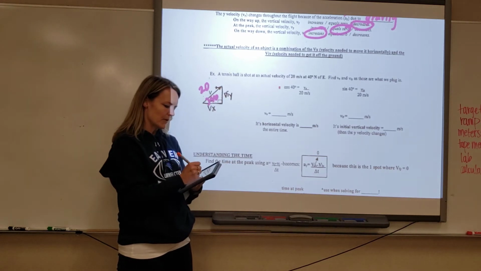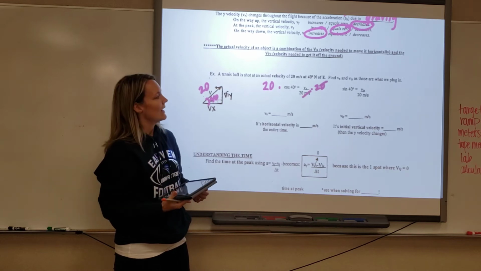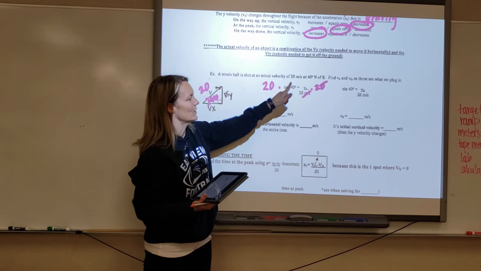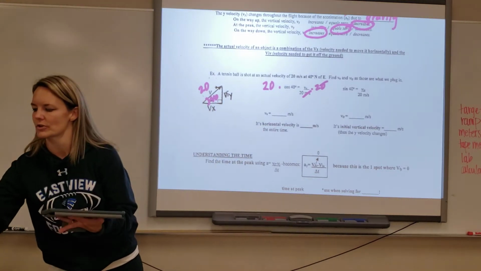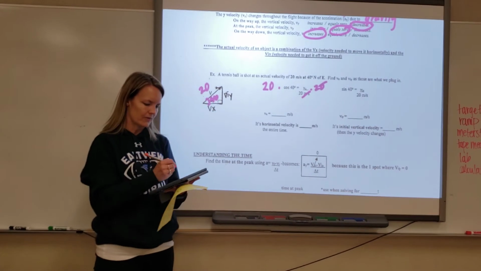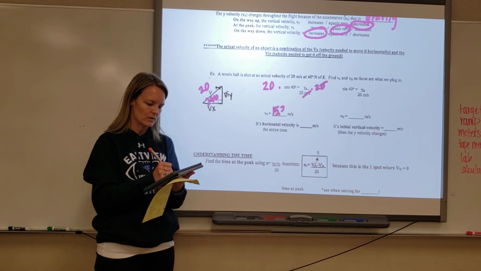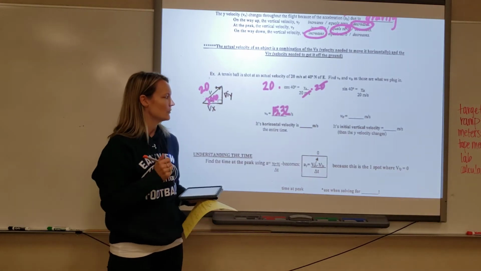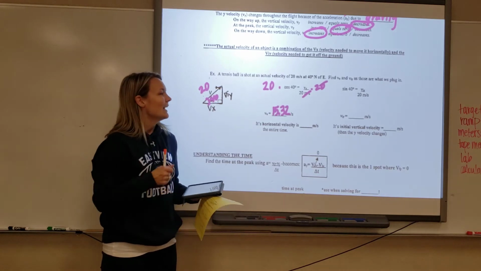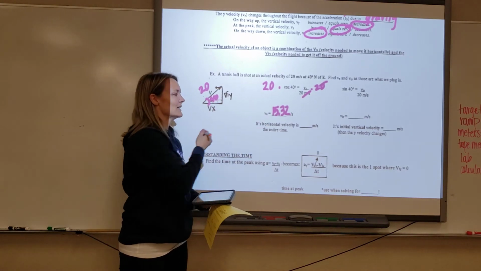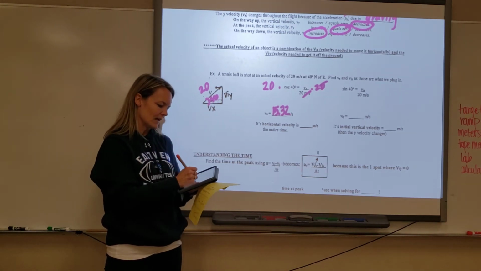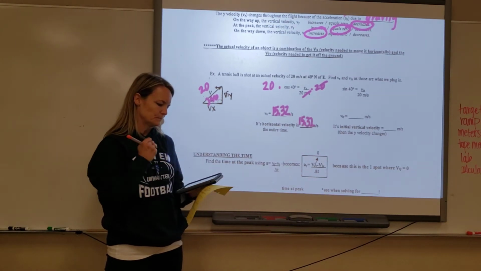So I'm going to multiply both sides by the 20. And then into my calculator, I just type 20 times the cosine of 40 degrees, and you should get a little over 15. I got 15.32. I go 2 decimals with the velocities when I use the trig. This is the Vx, which remains constant the entire time. So the entire time, the Vx is equal to 15.32.